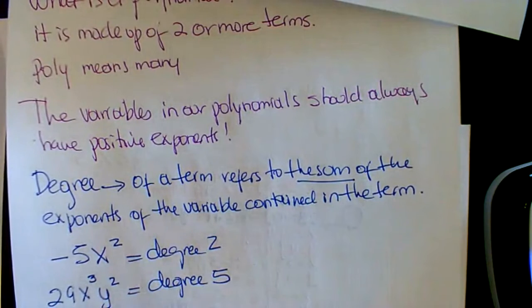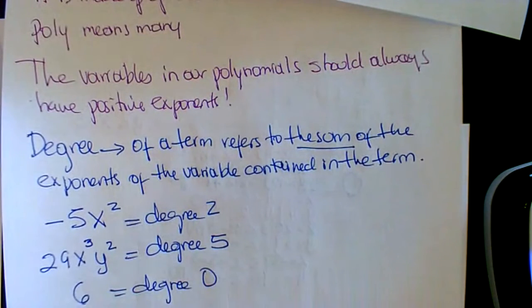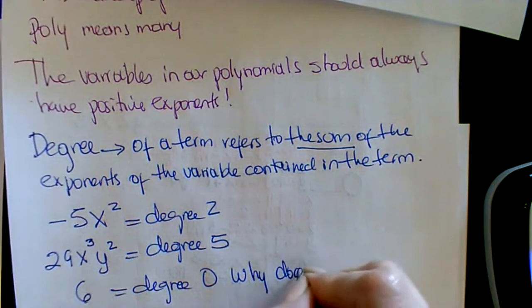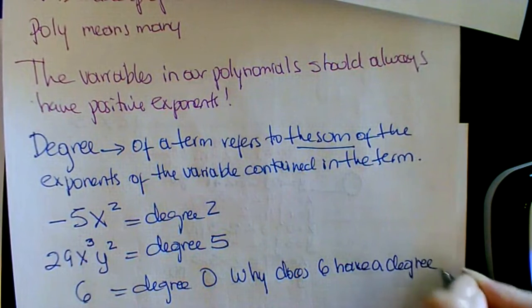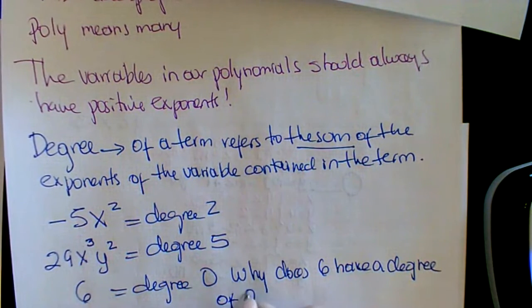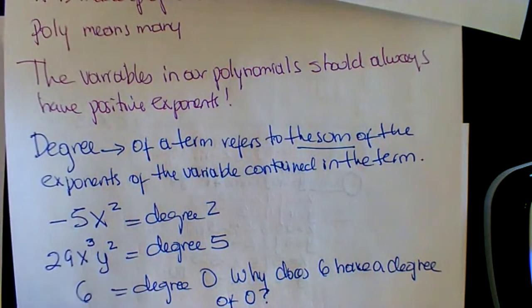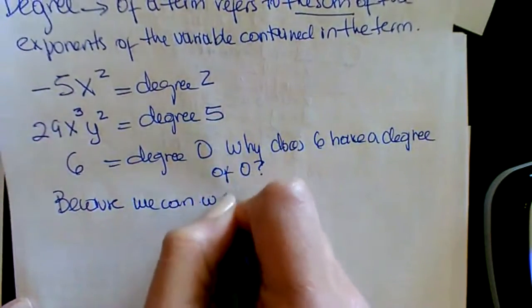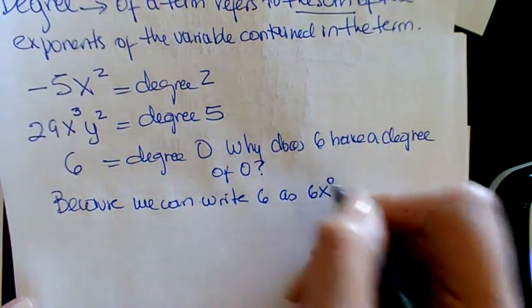6. 6 has a degree of 0. Why does 6 have a degree of 0? Because we can write 6 as 6x to the 0 power.